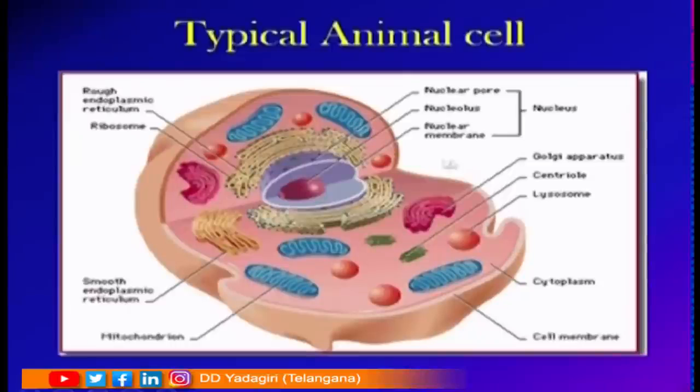We also can see Golgi complexes here, and within the nucleus there is another dark body present called the nucleolus. So I think it is very clear that this is a typical animal cell.